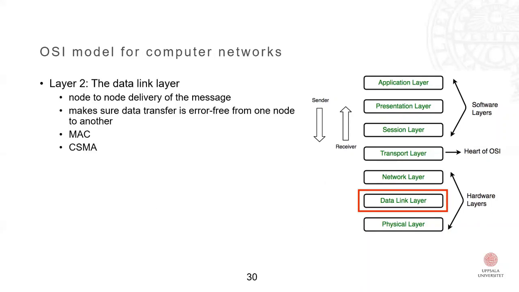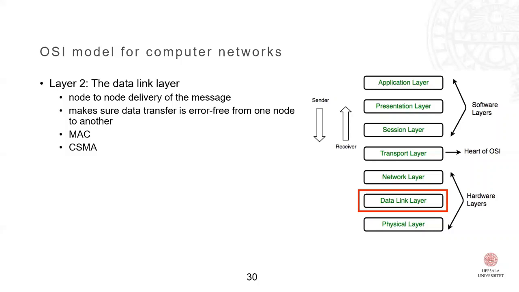In the next level, we go up in the level of abstraction, and this level is called the data link layer. In the data link layer, what we are concerned about is the node-to-node delivery of the messages.